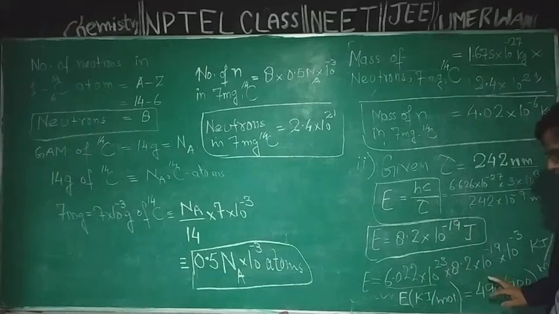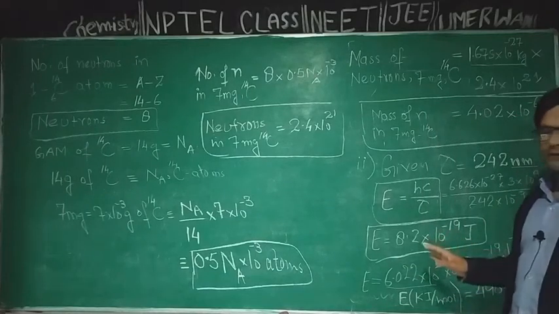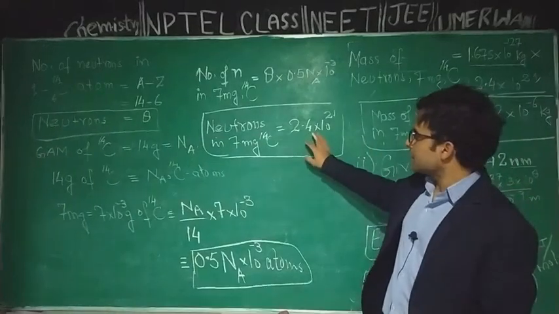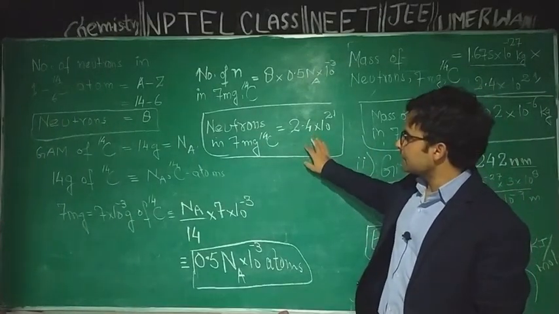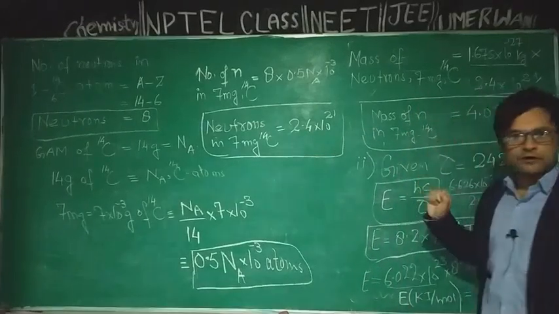Therefore I can answer all the questions in sequence. First, number of neutrons present in 7 mg weight of carbon 14 is 2.4 into 10 raised to power 21.